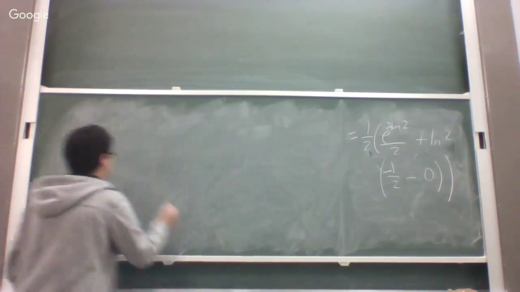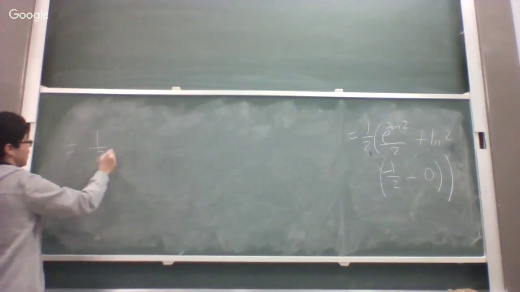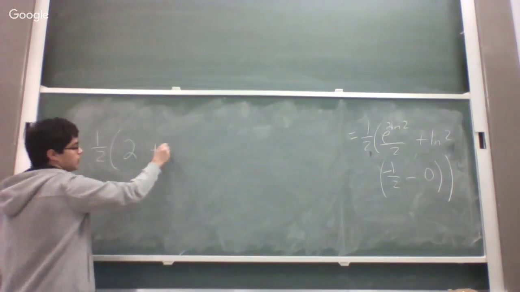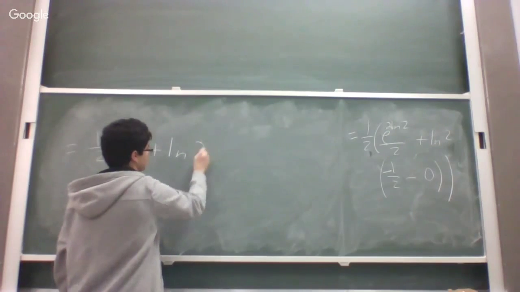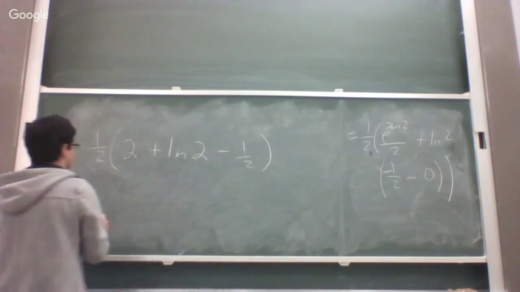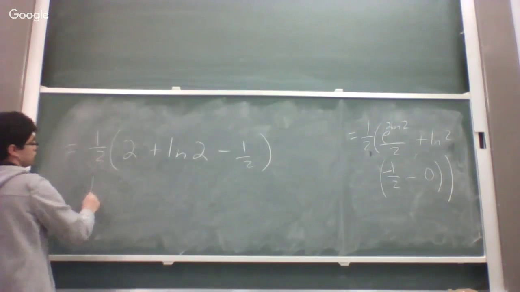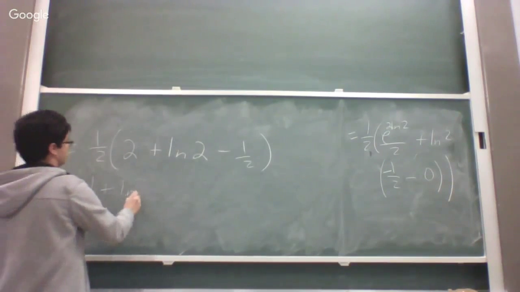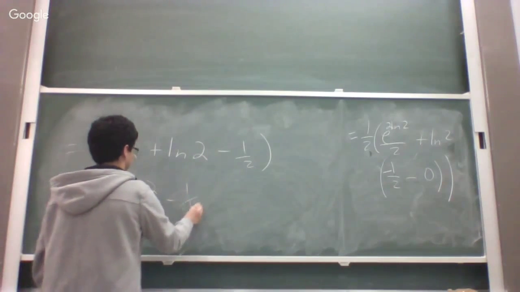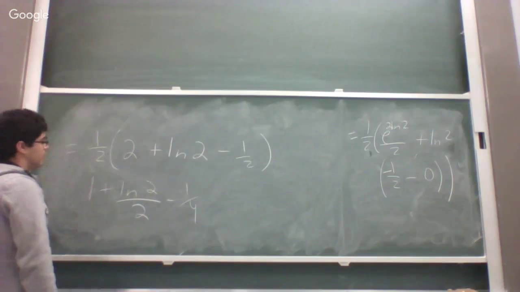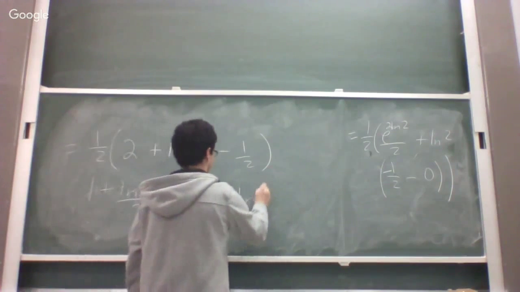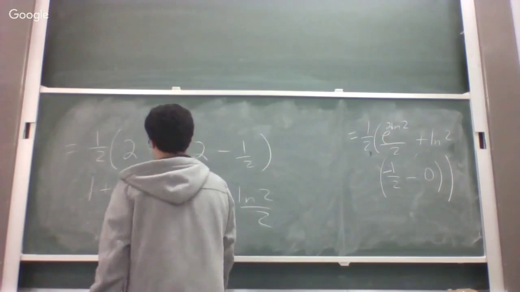So then if we were to quickly simplify that, we have 1/2 times 2 plus natural log of 2 minus 1/2. So then we have 1 plus natural log of 2 over 2 minus 1/4, right? So that's equal to natural log of 2 over 2 plus 3/4.